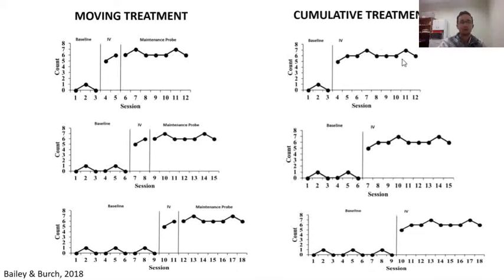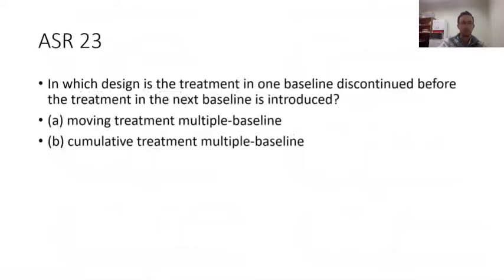But in the cumulative treatment multiple baseline, there's just a phase change line that separates baseline from the independent variable. So that's a visual feature that distinguishes between the designs that will help you to determine which type of design you're looking at when you're looking at examples, if it's moving treatment or cumulative treatment multiple baseline design.